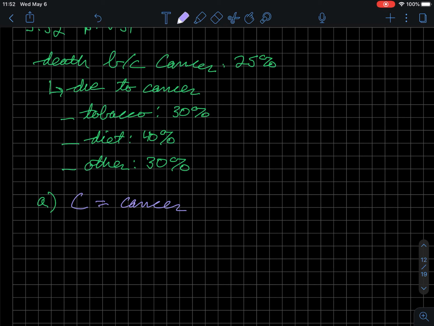And we know that there are tobacco-related deaths, which is T for tobacco. We know that there are ones due to diet, which we'll call D. And we know that there are other causes, O for other, right?